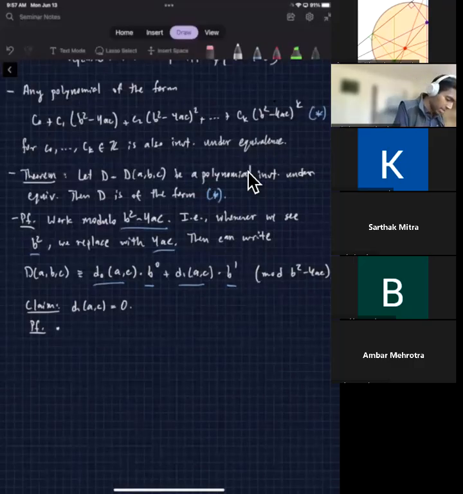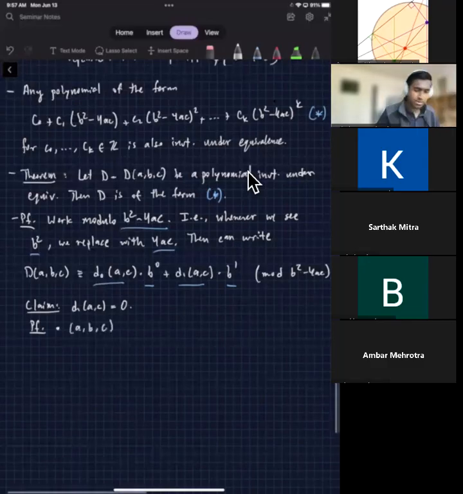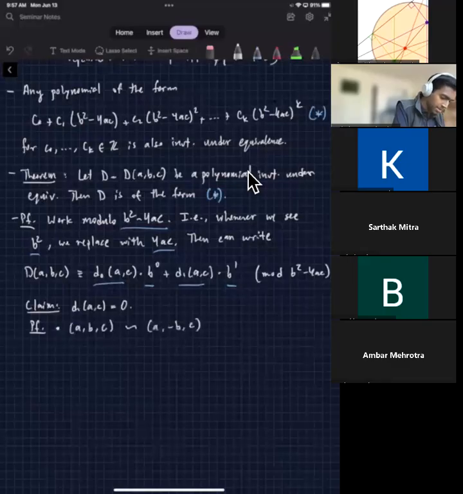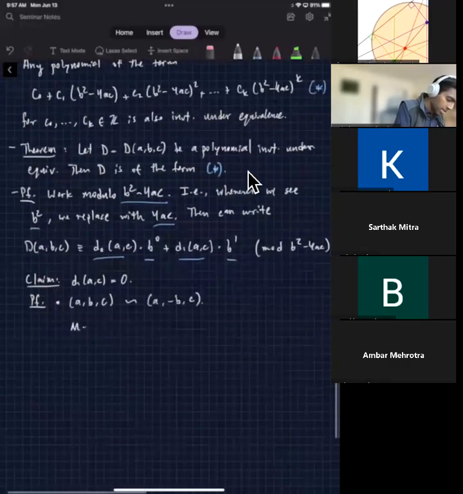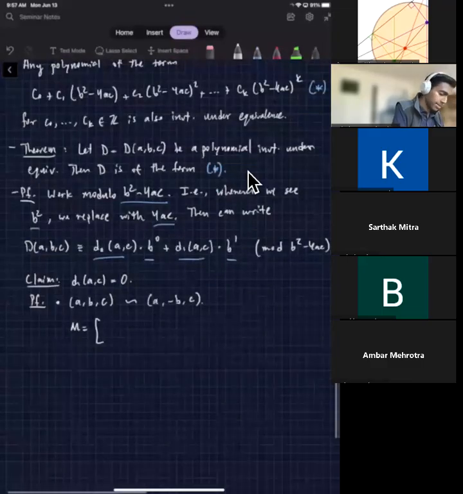Okay, so to prove this claim, I want to use an equivalence of BQFs. So suppose we start with the BQF (a,b,c), then that's going to be equivalent to the BQF (a,-b,c). And why is that? Well, you can just take the matrix giving the equivalence to be 1, 0, 0, minus 1.